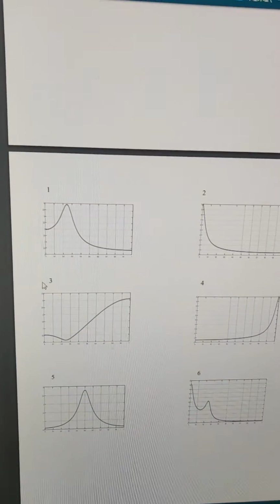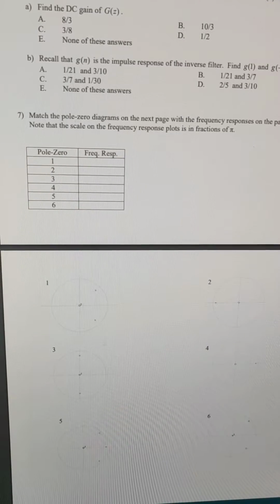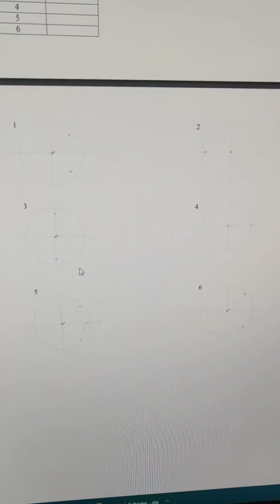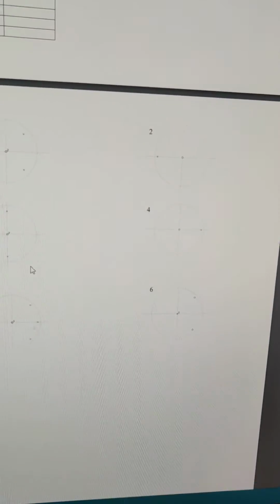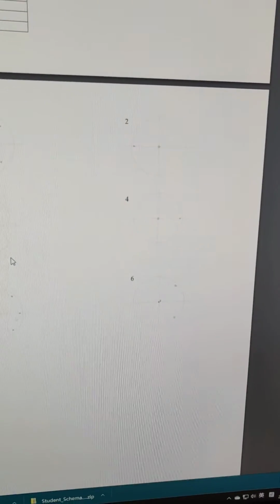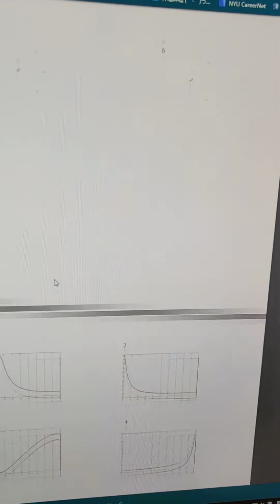So let's go to diagram 2. We can easily find in diagram 2 that this is first order and high pass. Now we have these two characteristics.